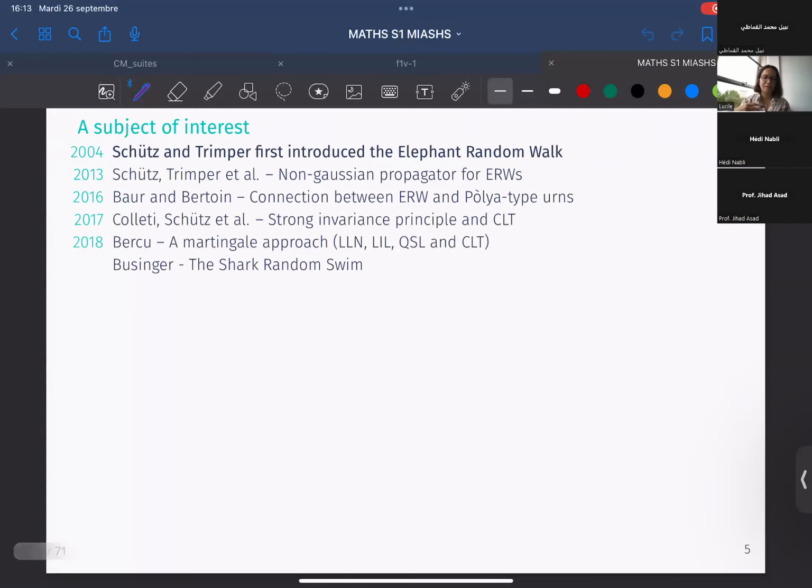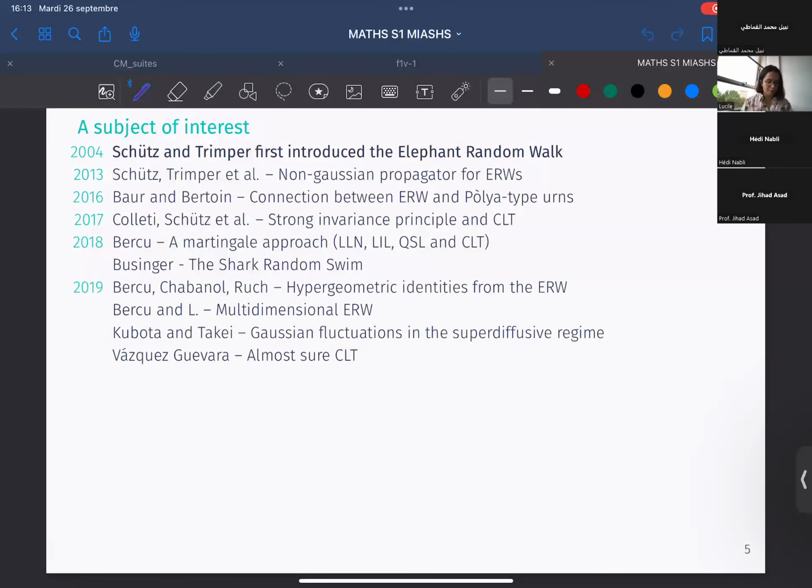And then there was a bit more. From 2016, a lot more happened on this subject. For example, it was studied using a martingale approach, and some extensions of the elephant random walk were introduced, like the shark random swim, which is when the steps are not plus or minus 1, but they are heavy-tailed.